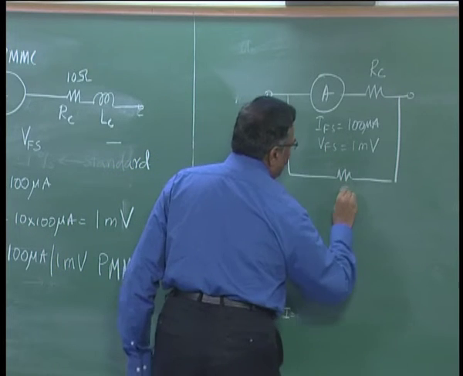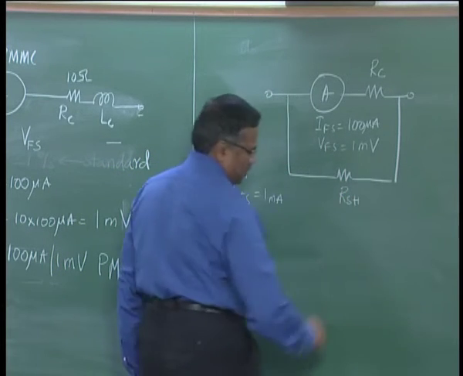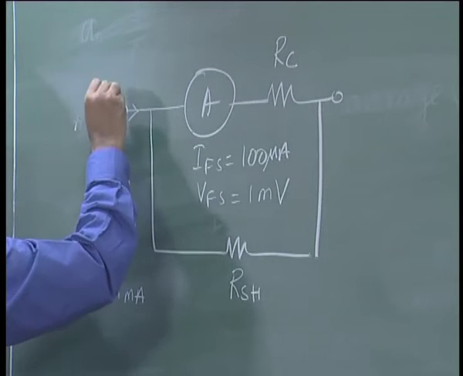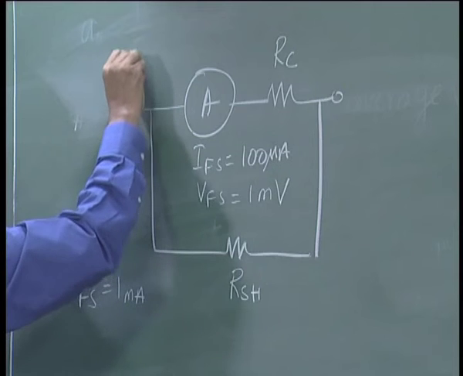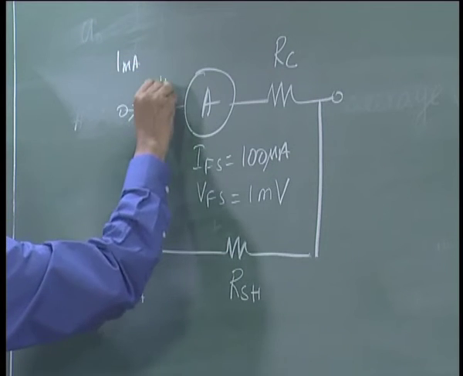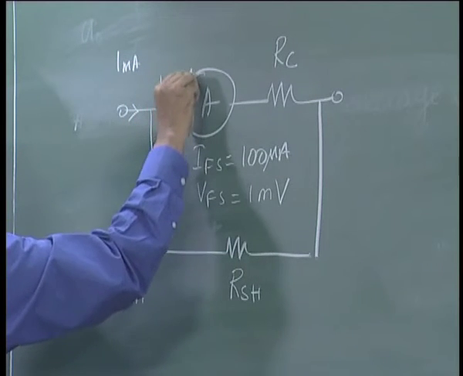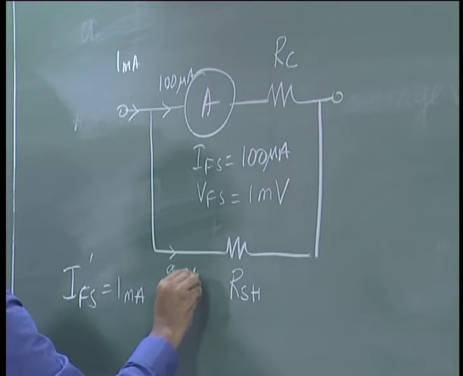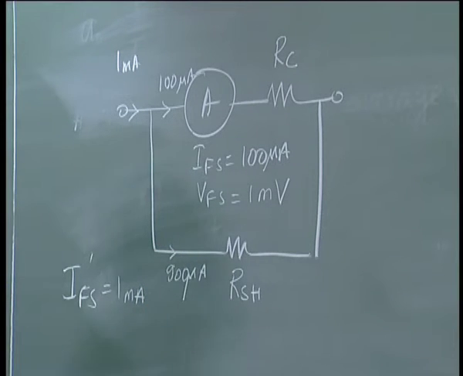All I need to do is put a shunt resistor across the meter, so that when I send 1 milliampere, 100 microampere flows through the meter and 900 microamperes flows through the shunt, right.